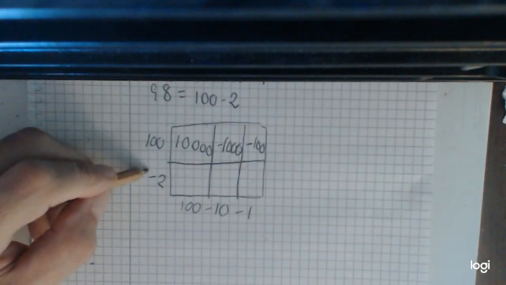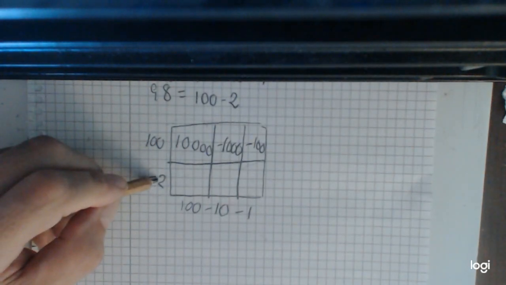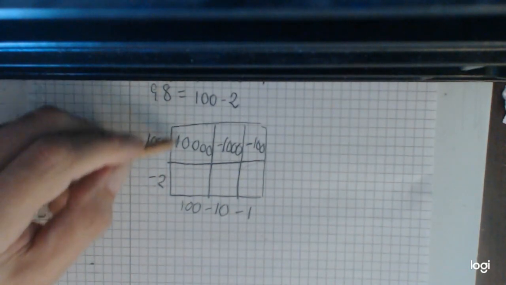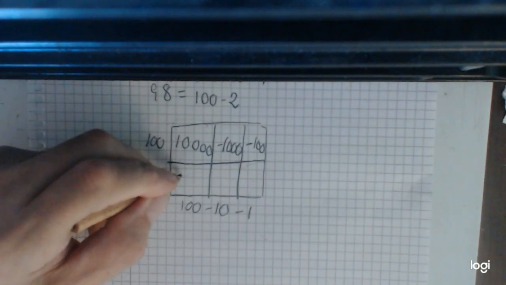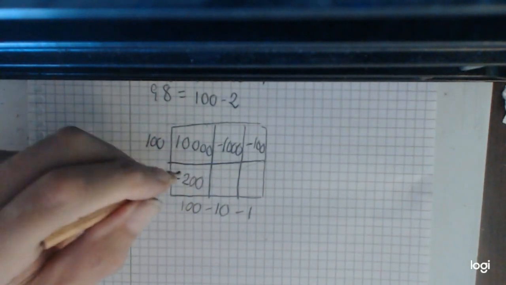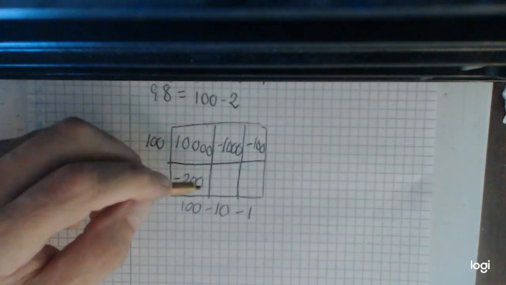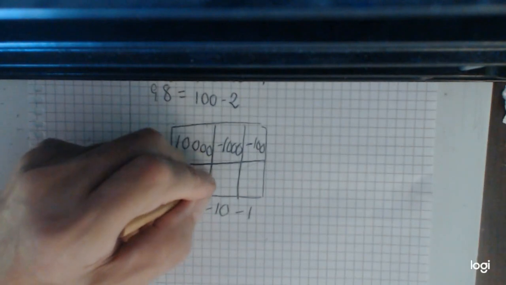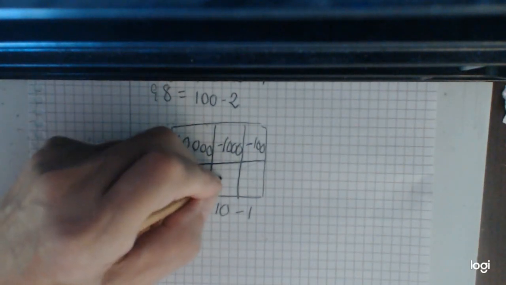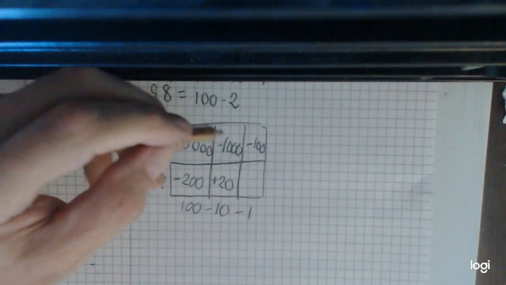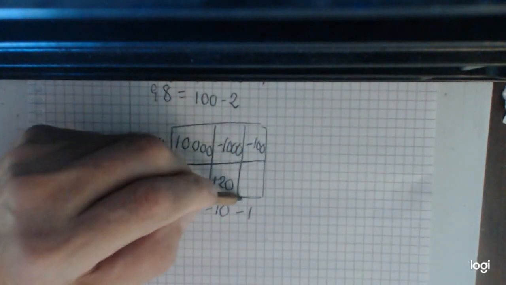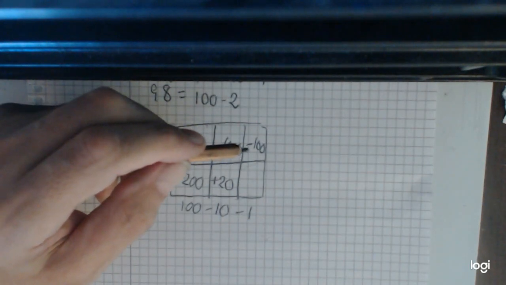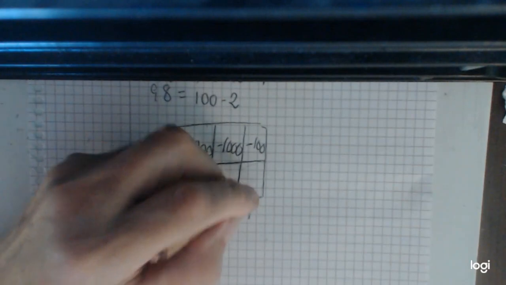And this one here is minus 2 times 100. That's minus 200. This here is minus 10 times minus 2. That's plus 20. And this one here is minus 1 times minus 2. That's plus 2.